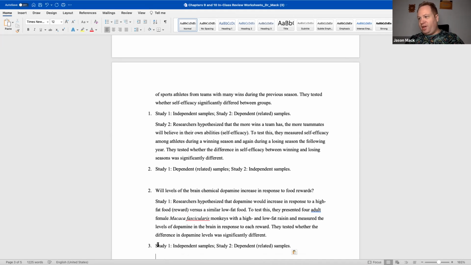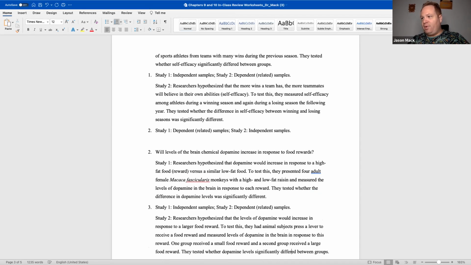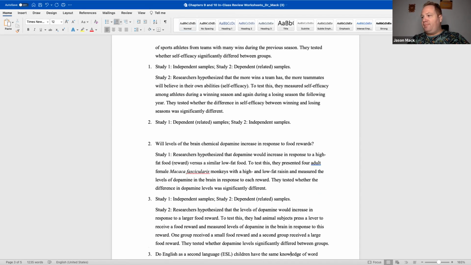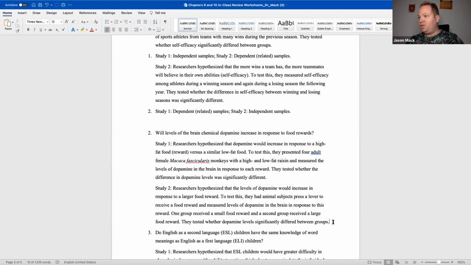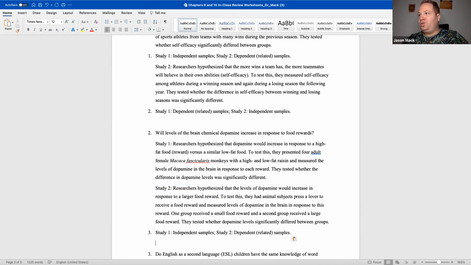So what you want to be thinking about is how these are set up, and that's what makes them different. And actually, this is down here. You have to read this. So study 2: researchers hypothesized that levels of dopamine would increase in response to larger food rewards. They trained animals to press a lever to receive a food reward and measured levels of dopamine in the brain in response to this reward.